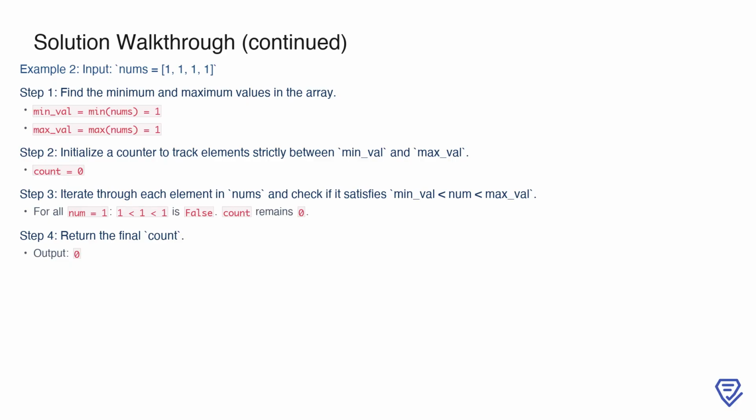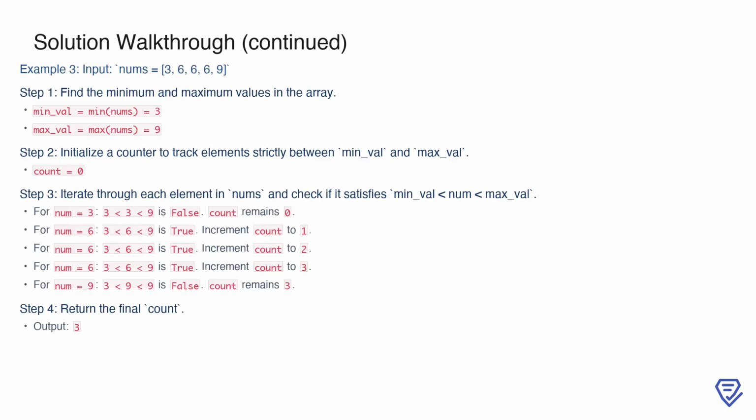As we iterate through each element in the array, we check the condition min_val < number < max_val. For every element 1, this condition evaluates to false, as no number can be strictly greater than 1 and strictly less than 1 simultaneously. As a result, the counter remains unchanged at 0 throughout the iteration. Finally, we return the counter, which gives us an output of 0 for this example.